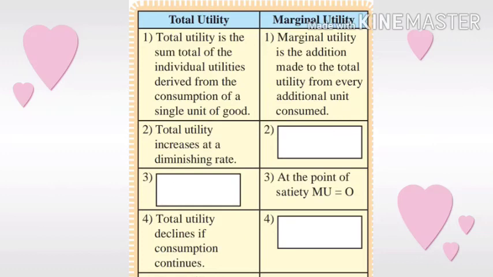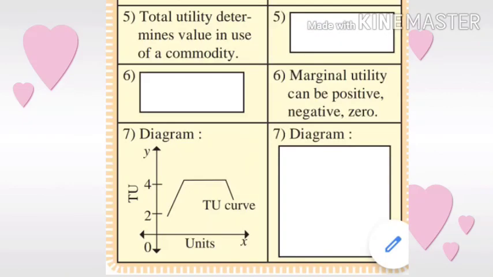So our point under marginal utility will be marginal utility becomes negative if consumption continues. Fifth point, total utility determines value in use of a commodity.